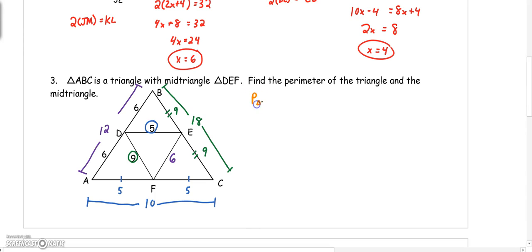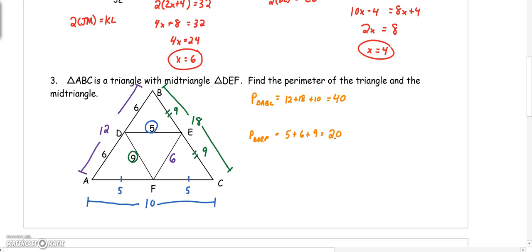So the perimeter of ABC, we're going to add the sides 12 plus 18 plus 10. We get a perimeter of 40. For the perimeter of triangle DEF, I'm going to add the sides 5, 6, and 9, and we get a perimeter of 20.